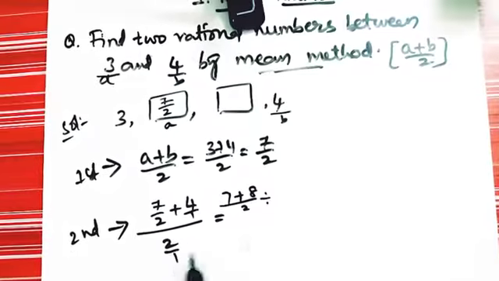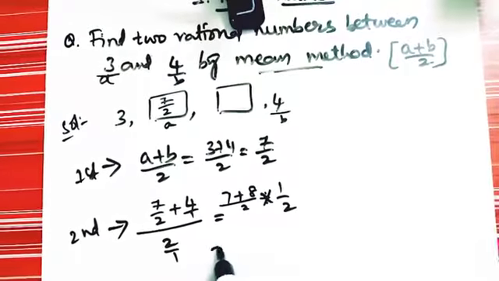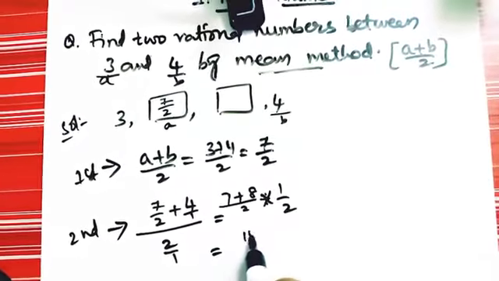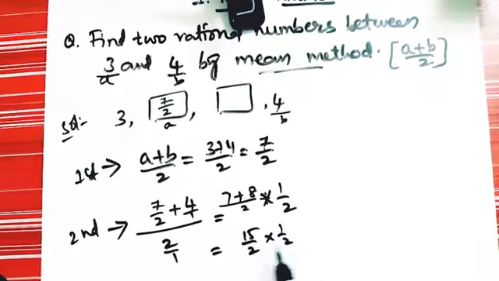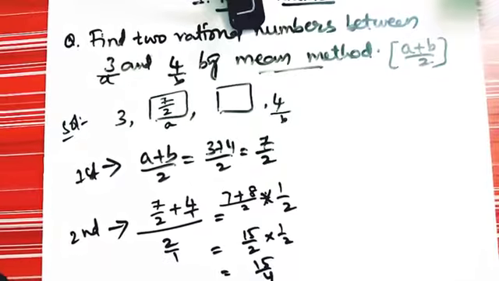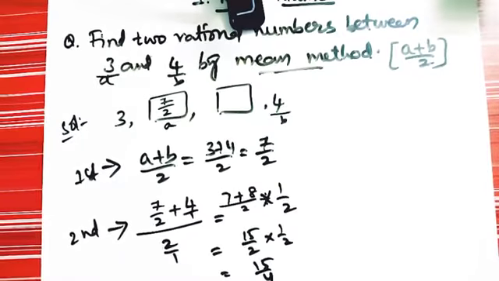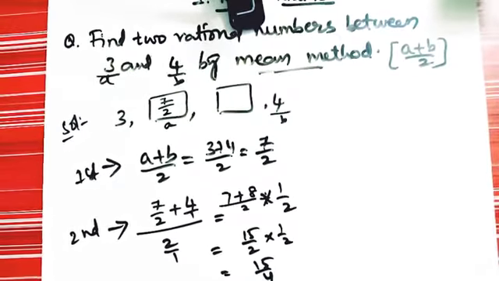Divided by 2, that is 15/2 times 1/2, which gives 15/4. So the next rational number is 15/4.